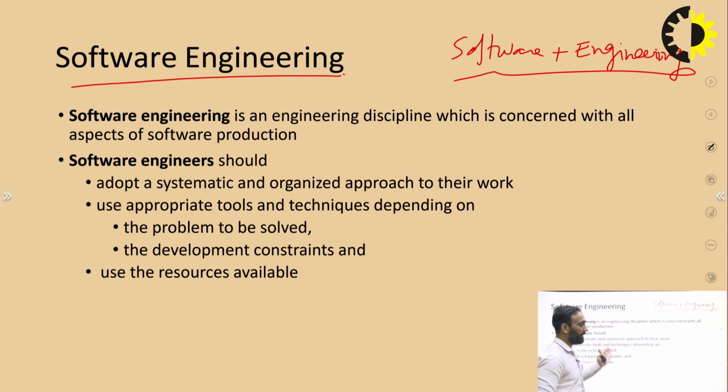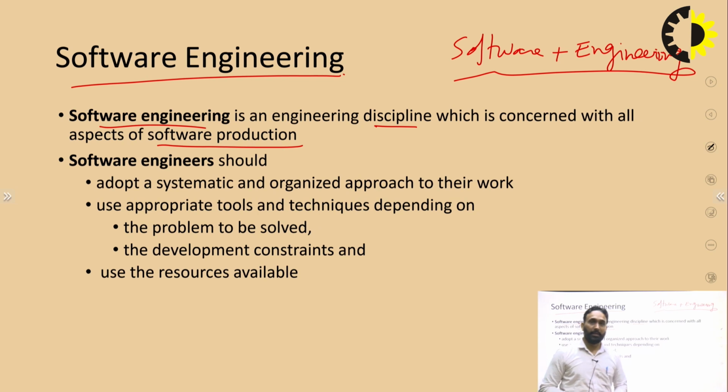So now we will take a simple meaning of software engineering here. After that we will take the IEEE definition and the Boehm definition, which give the exact definition of what software engineering means in terms of IT and computer science. In general, software engineering is an engineering discipline concerned with all aspects of software production.